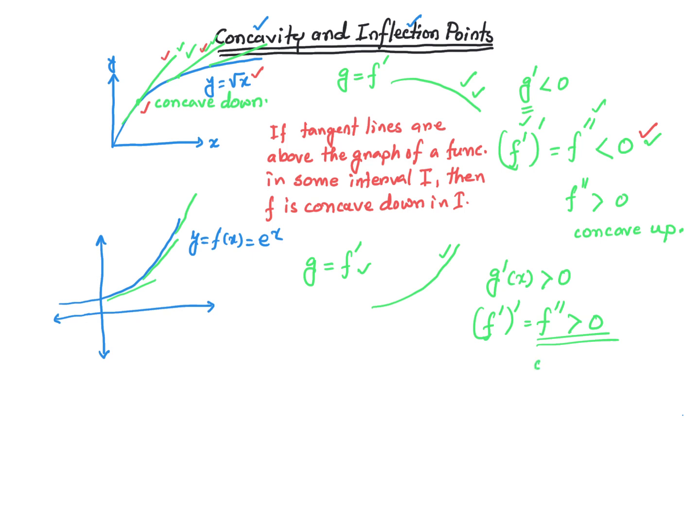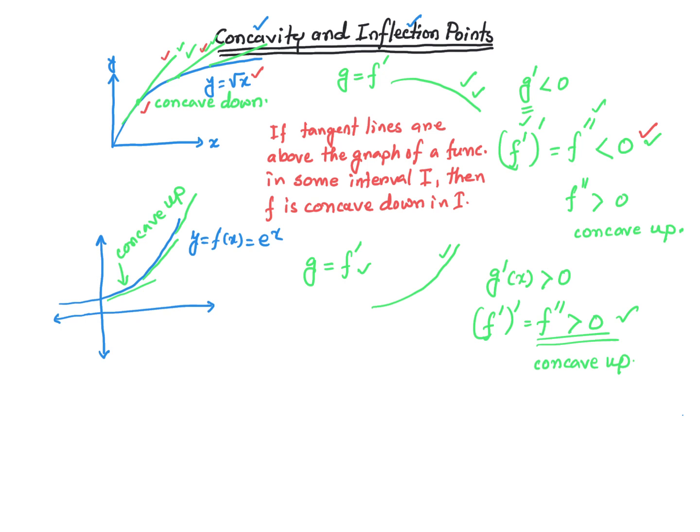So if f double prime is greater than 0 for a function f on some interval, we call it concave up. So this is a concave up function. Now that's the mathematical way of defining it. Now let's do the same thing graphically as we did for the other one.